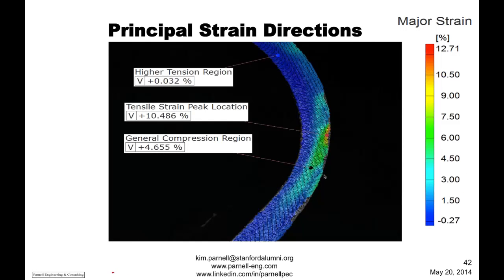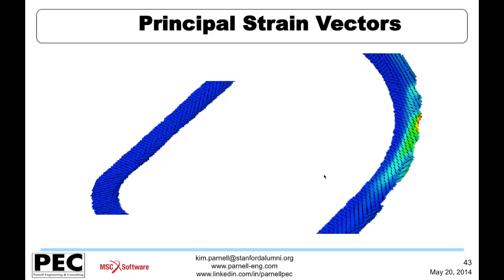Also, you can compute principal strain directions. Hard to see here, but over the fringe plot, we're also superposing the primary direction associated with the major principal strain, so the maximum principal strain value. And a little bit more close-up area here.